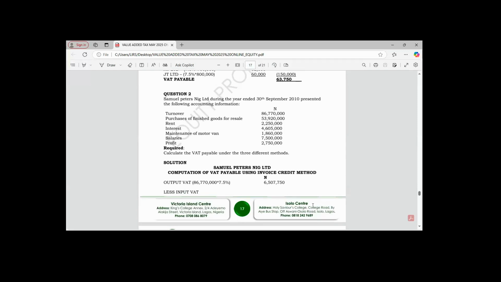Now to my question: who can remind me again, what are the 3 methods of calculating VAT? We have 3 methods of calculating VAT. Who can remind us of those 3 methods again?